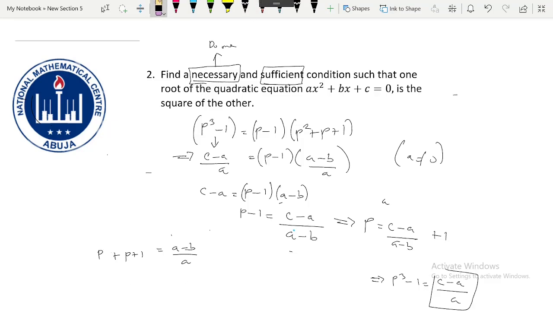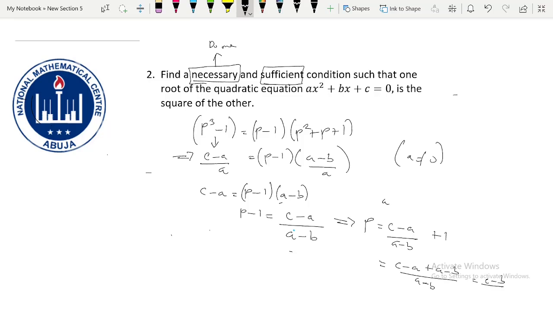I'm going to clean this out now. So then we have c minus a plus, after using LCM, which is c minus b over. So okay, fine, I know what p is now. So p is c minus b over a minus b, right?